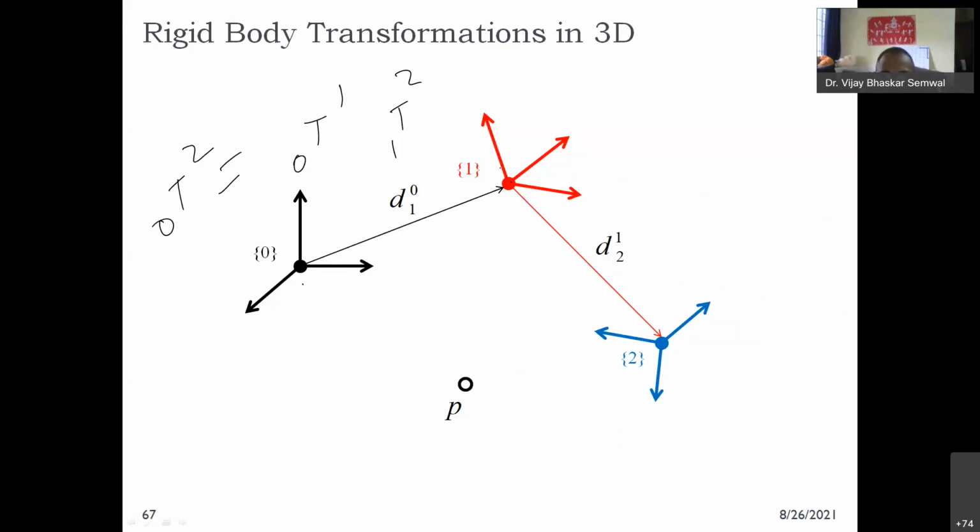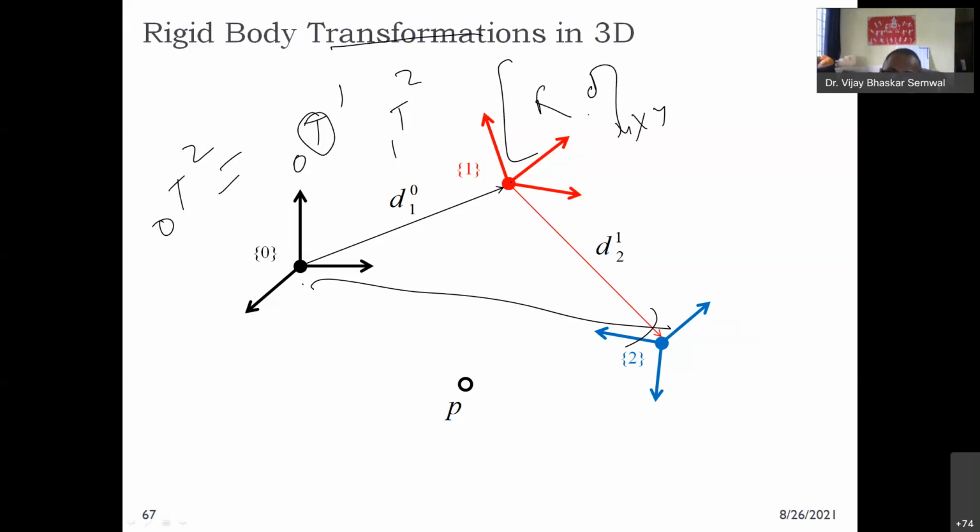This is not a simple translation; this is a transformation matrix, a 4x4 matrix with rotation 3x3, 0 0 0, displacement, and 1. Clear?